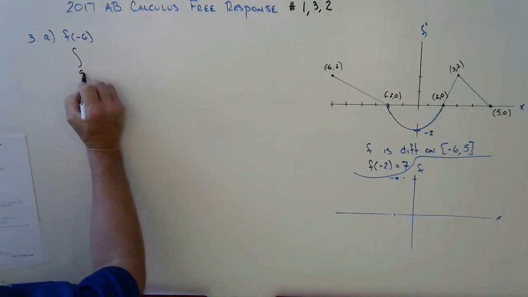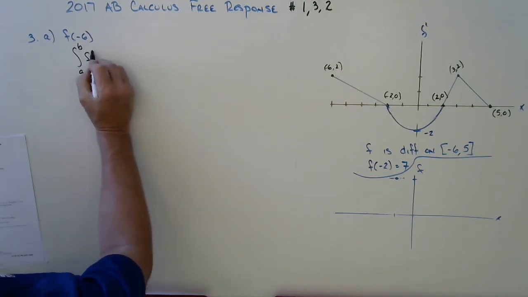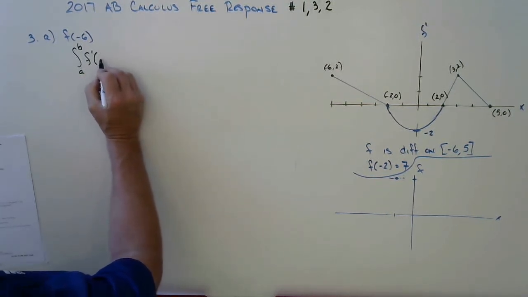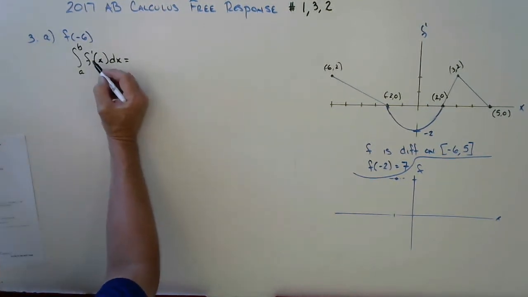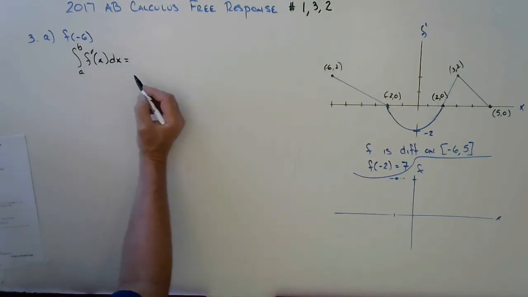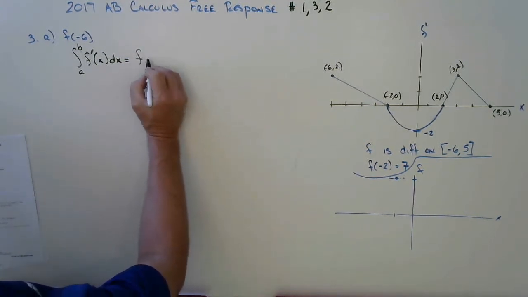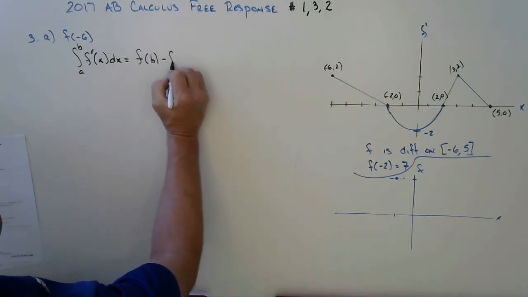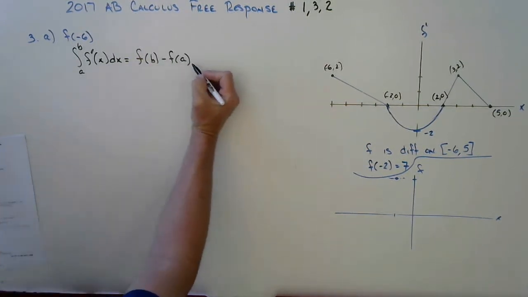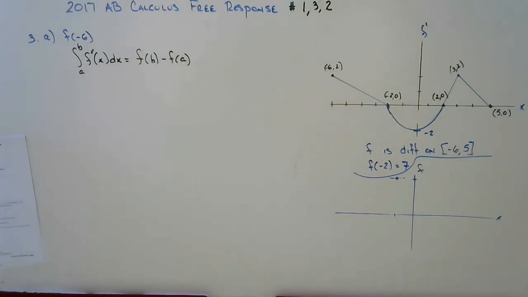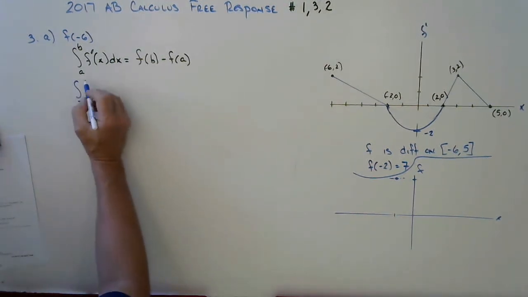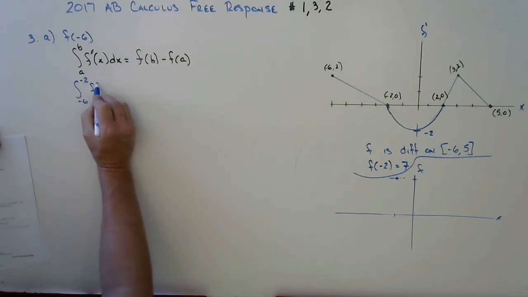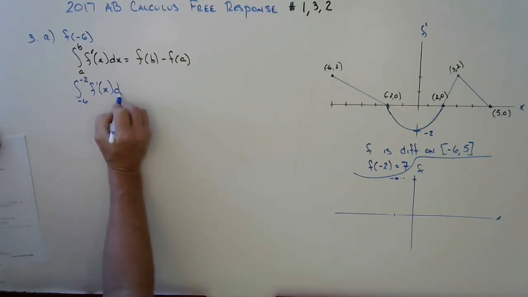If we integrate from a to b of f prime, the fundamental theorem of calculus says I get f of b minus f of a. Well, why don't we, if we want to know f of -6, integrate from -6 to -2 of f prime of x dx?